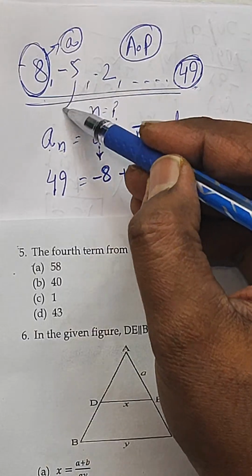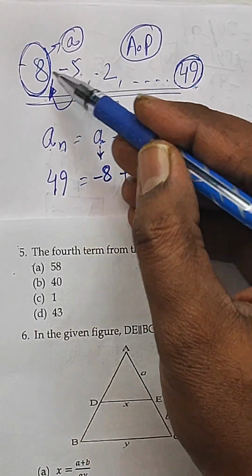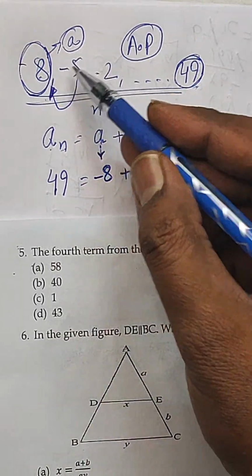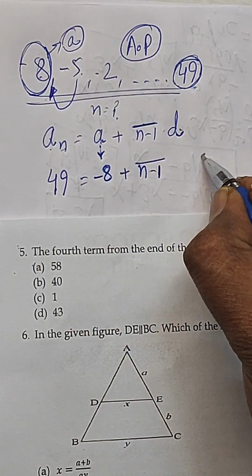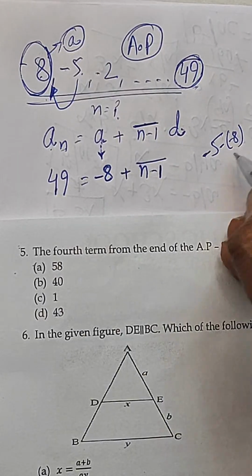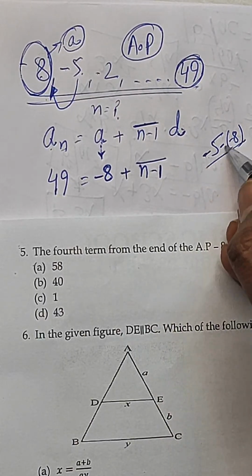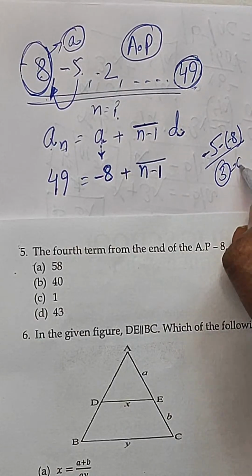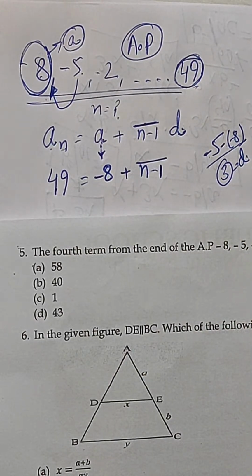d will be the difference of the second term minus the first term. That means minus 5 minus minus 8, which is minus 5 plus 8, giving 3 as the value of d. But you should not be satisfied; just check once more.